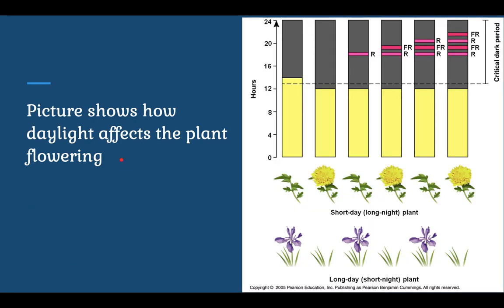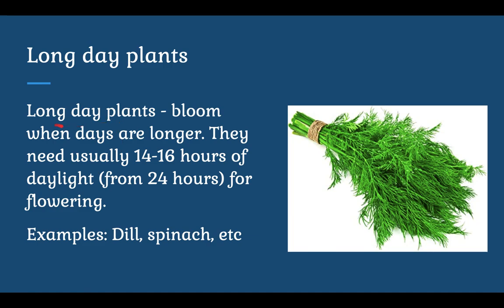The next one is long day plants. Long day plants bloom when days are longer. They usually need 14, 16 hours of daylight from 24 hours for flowering. If they do not have these 14, 16 hours of daylight, they won't give any flowers. For example, dill, spinach, etc. This is the dill.